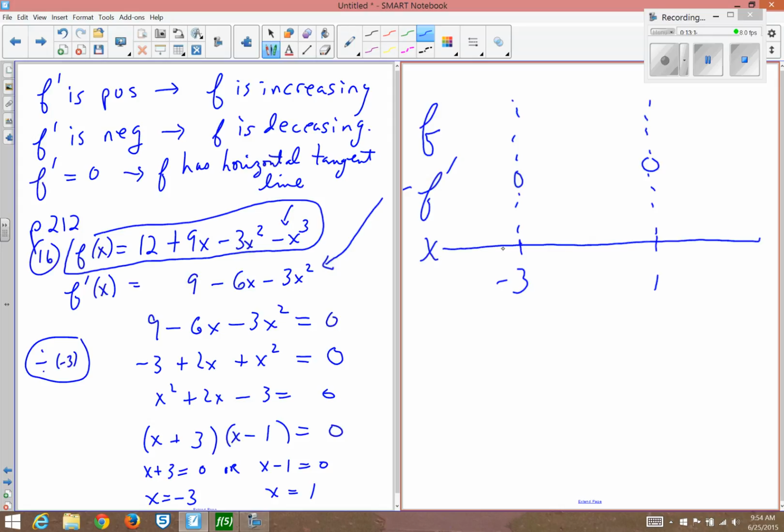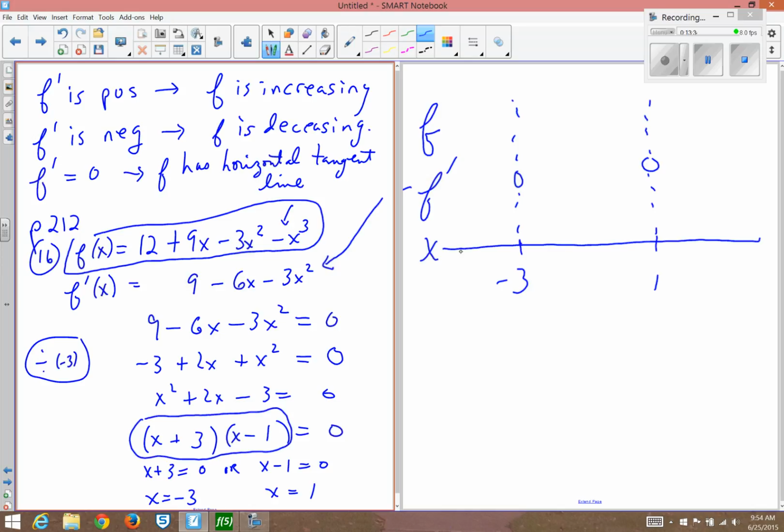Now we're going to substitute any number over here, like -4 for example, into f prime. And when I say plug into f prime, you actually could plug into this.